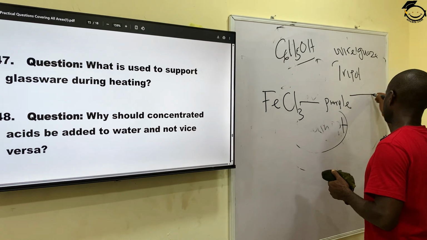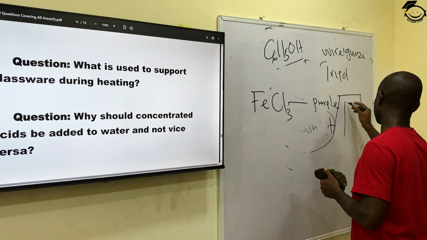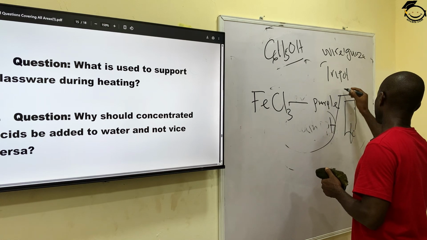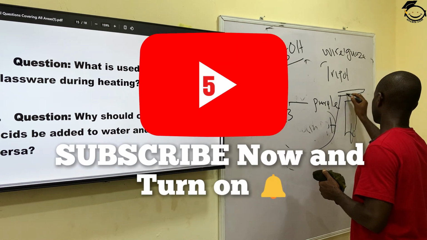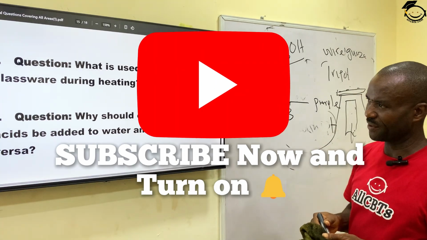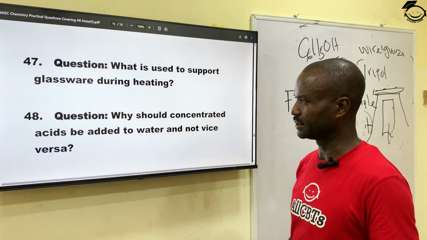Your tripod stand is like this. You have your Bunsen burner, then you have your wire gauze on it, to prevent direct contact with the flame. So we have wire gauze and tripod stand.